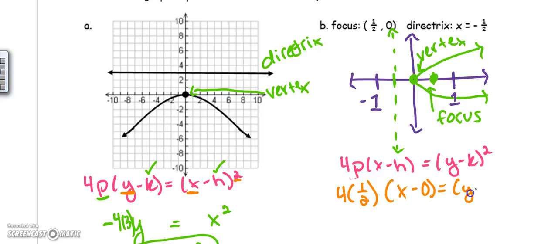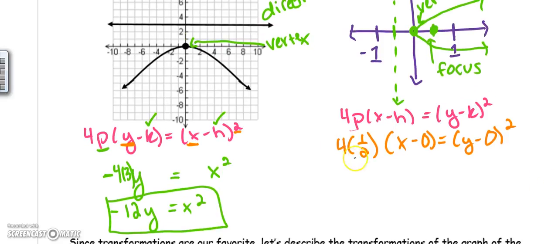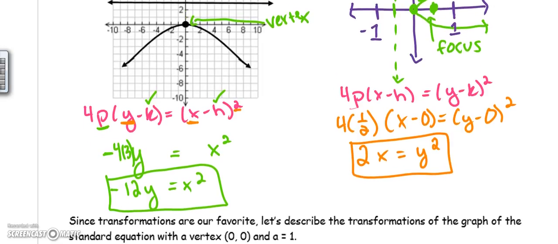So I am going to write them in even though they're zeros, because we're going to have to do another line anyway. So now I want to multiply 4 times 1/2, which is 2. And then x minus 0 is just x, and y minus 0 is just y. So I can leave that as y squared. And there is our equation.